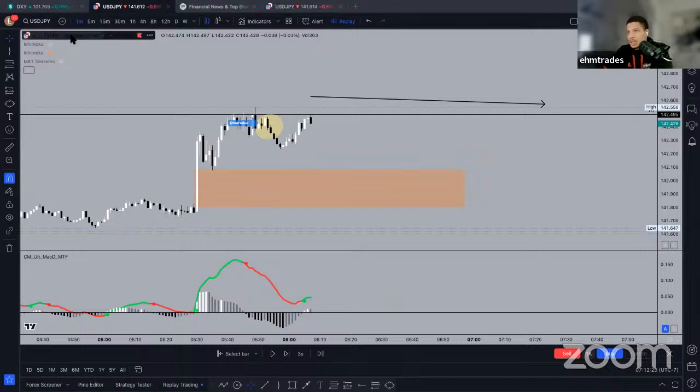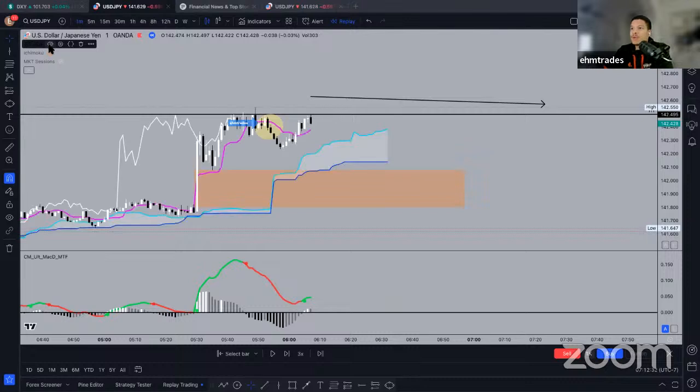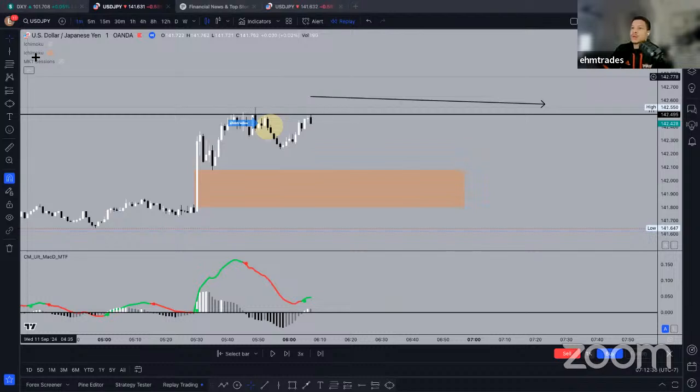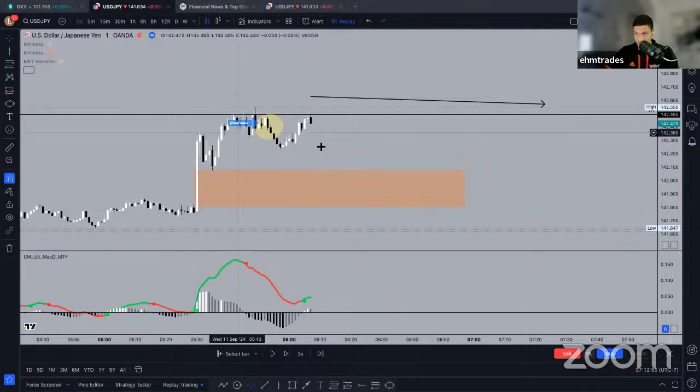This would have been an inverse VXT entry right here, just because it's just flipping what I'm looking for and executing on its inverse, right? And so normally I'm waiting for buyer's volume to come in, yada yada yada, take buys.